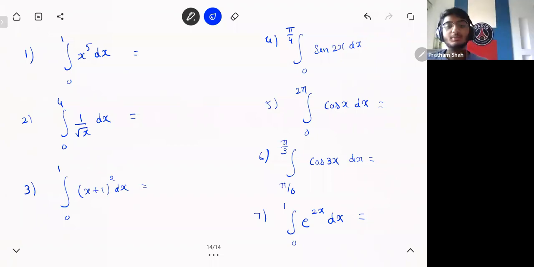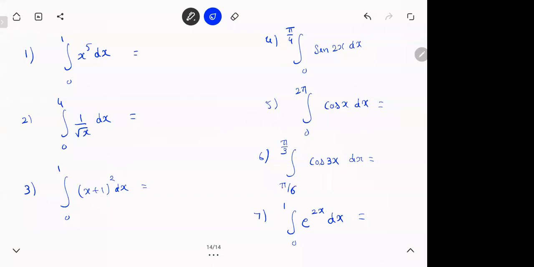Sir, is that 5 by 0 or 5 by 6? The fifth problem, which one? This is 5 by 6. Note down all the questions. So I'm going to turn the page.